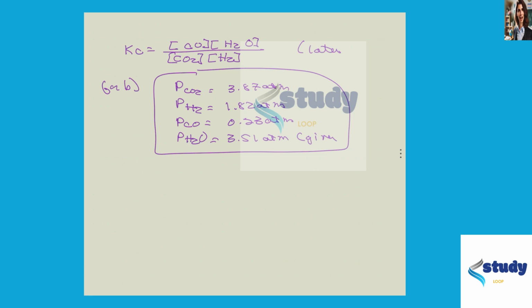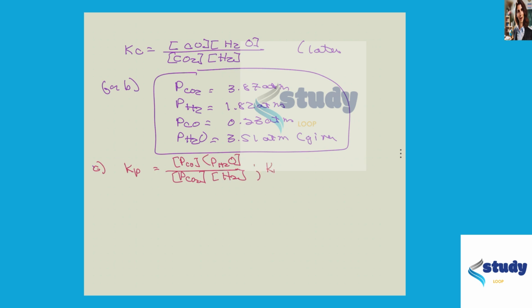Now we are at C, and it says calculate Kp. Kp will be equal to the partial pressure of CO times the partial pressure of H2O, over the partial pressure of CO2 times the partial pressure of H2. All my coefficients are 1.